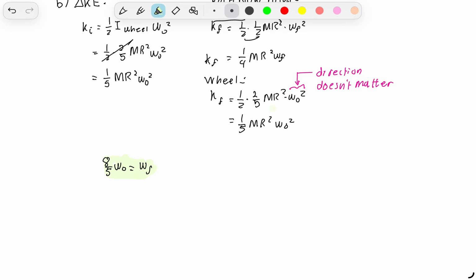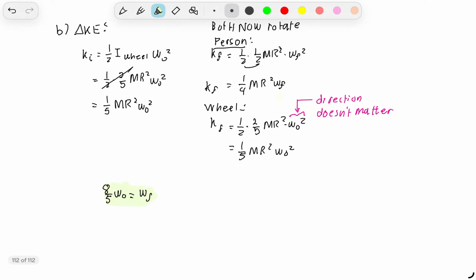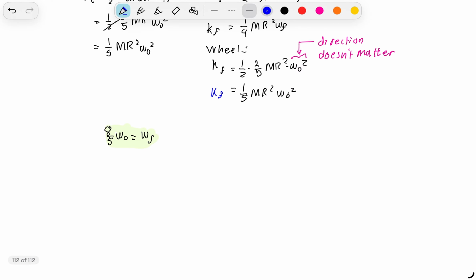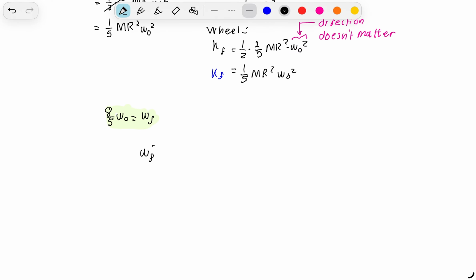Where we see our omega final in the relationship, we have K final here, right? So then we're going to have omega f squared, that's going to be 64/25 omega initial squared. So what we did was we basically just squared this whole thing.